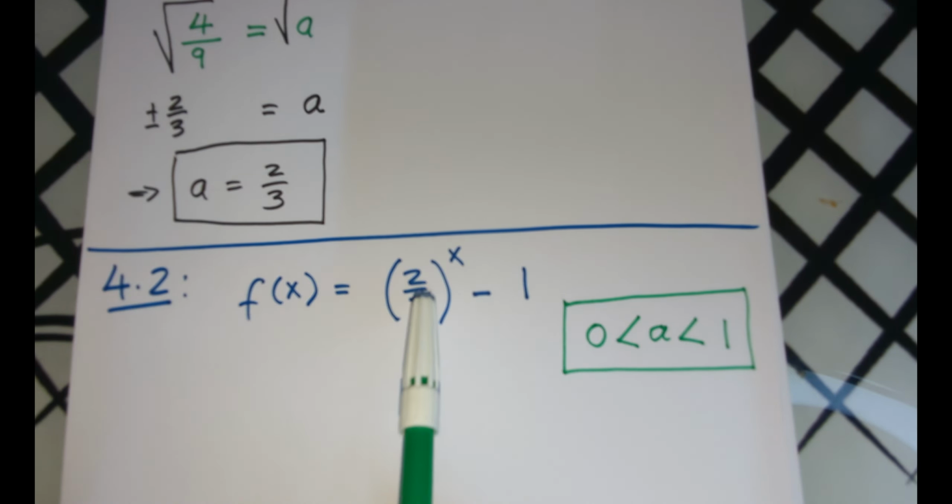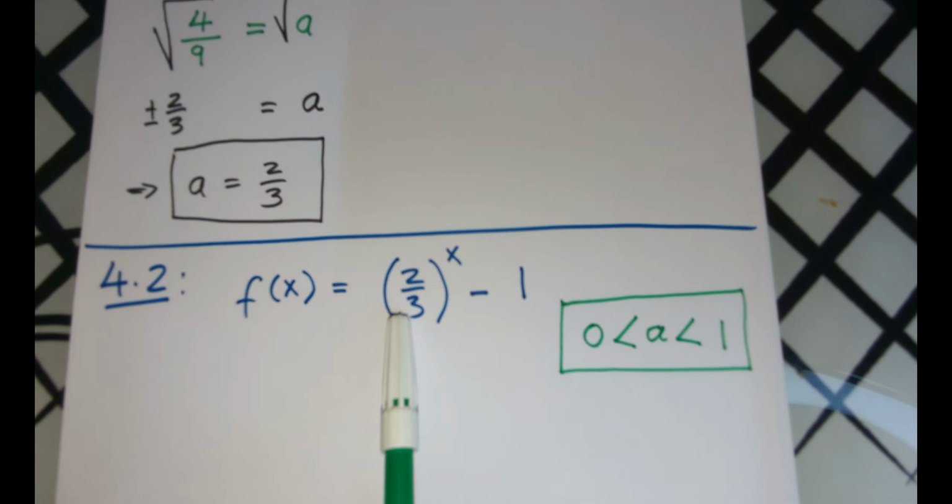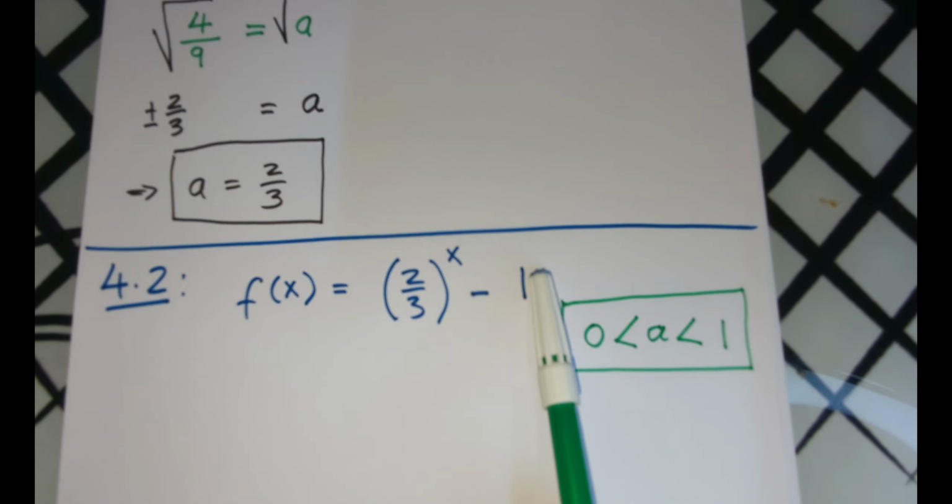Since the value of a is between 0 and 1, this implies that our graph will be decreasing.